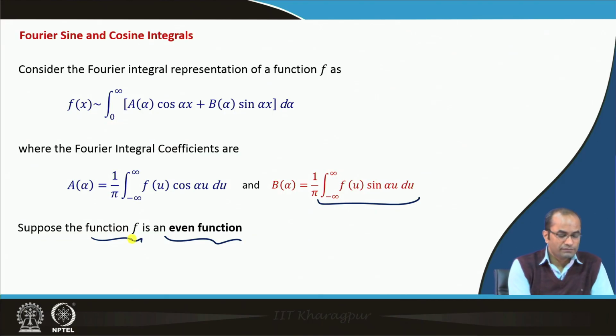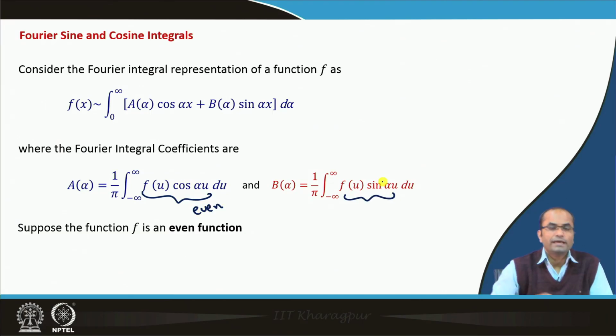Naturally, for instance in a(alpha), f is even and cos is also even, so the integrand will be an even function. In b(alpha), since sine is sitting there with f(u), f(u) is even but sine is odd, so this will be an odd integrand.